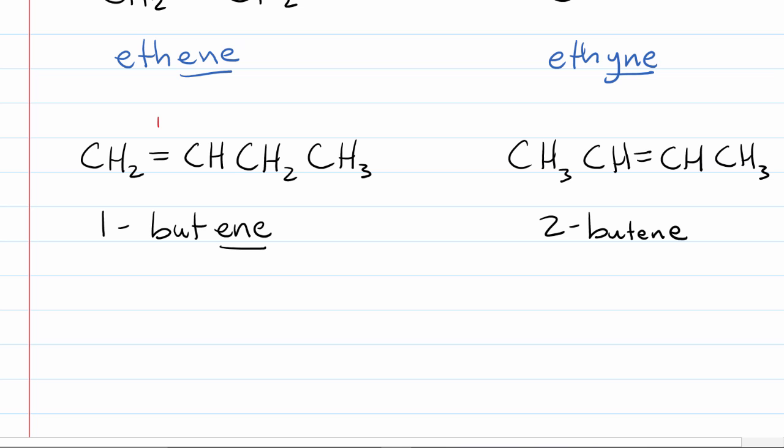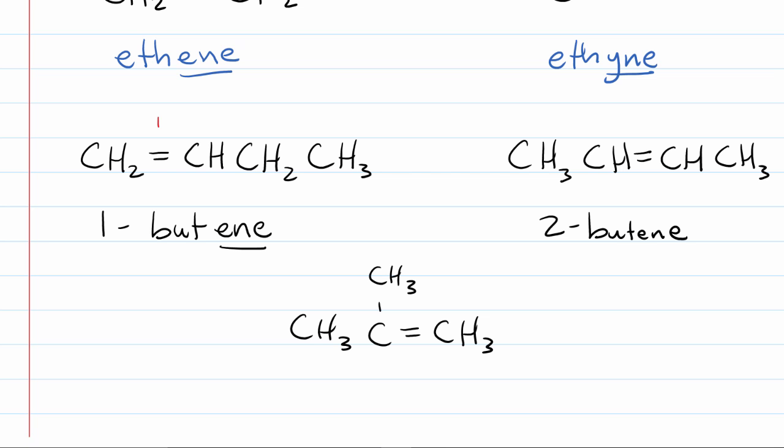Now the one that you're not going to be responsible for, I'm still going to write a name. It looks like this one is glued, so I probably can't move that one either, but let me just write it out here. We would put CH3, a CH3 up above, double bond, CH3. If we were to name this one, we would name the parent chain, which has how many carbons?